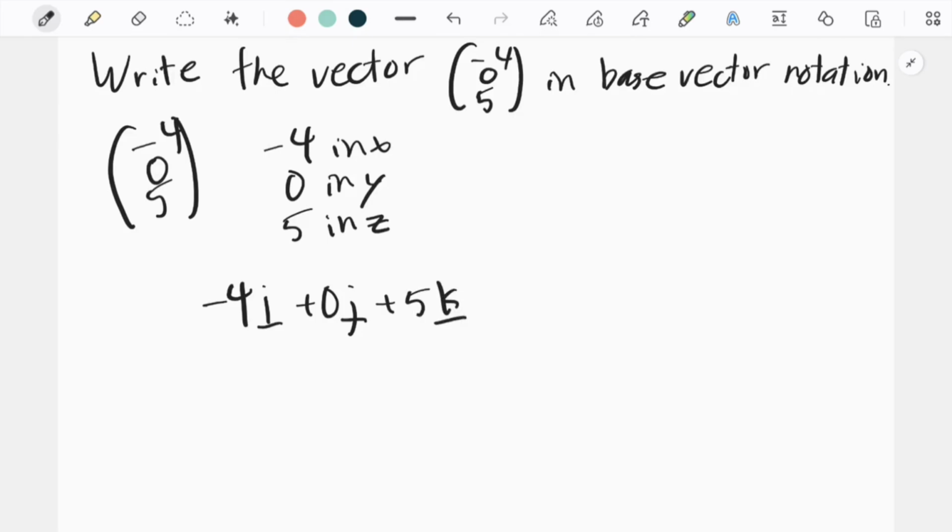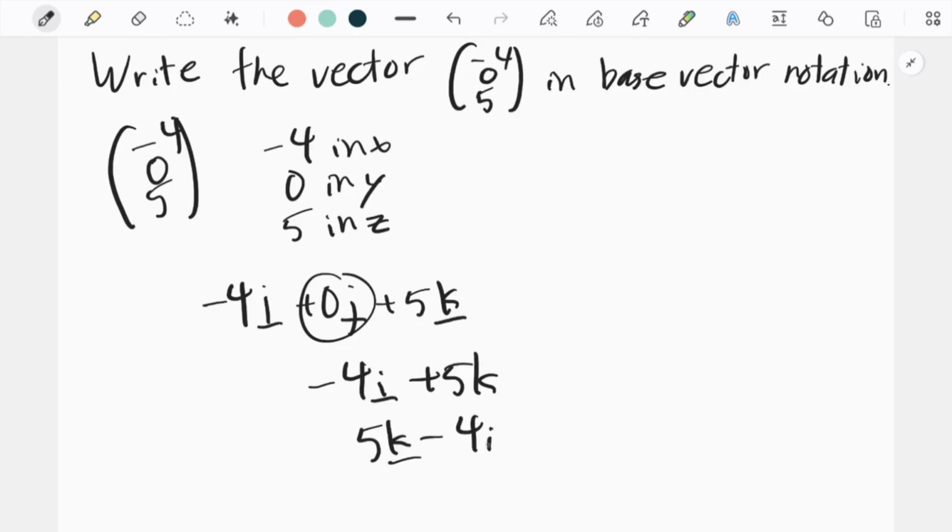Or if you're typing it out, you might want to bold it. But we can get rid of the 0j because 0 times anything is 0, so our final vector is negative 4i plus 5k, or 5k minus 4i, and underline all of that. And that is your final answer.